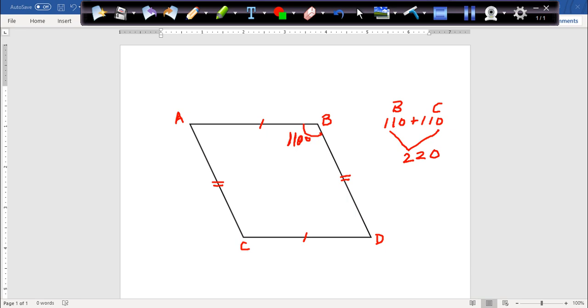Okay? And they told you that the interior angles of a four-sided plane figure equal 360. So then what we're going to do is subtract 220 from 360. So go ahead and put it in your calculator. 360 minus 220 will leave us what? 140, right?